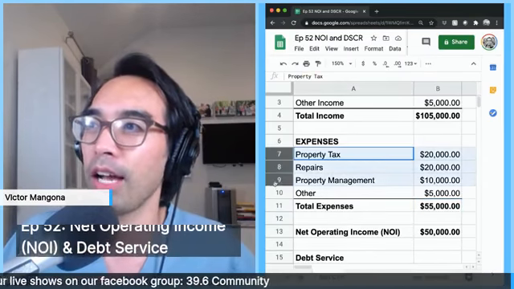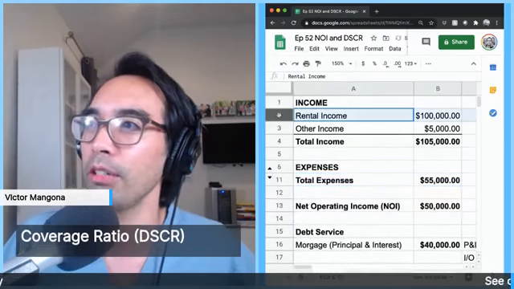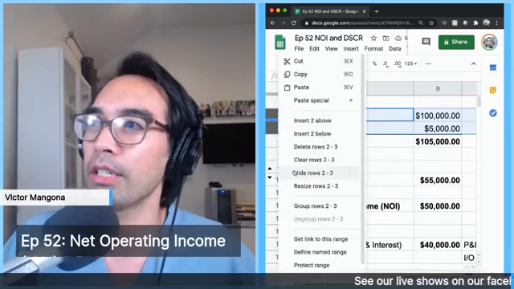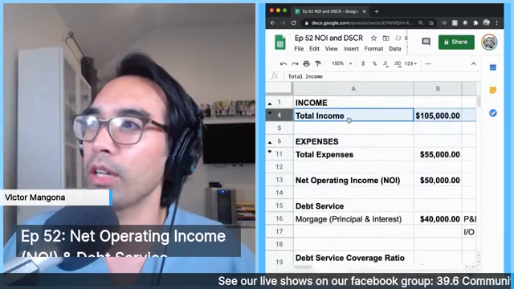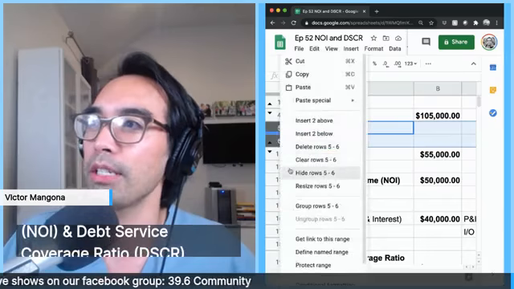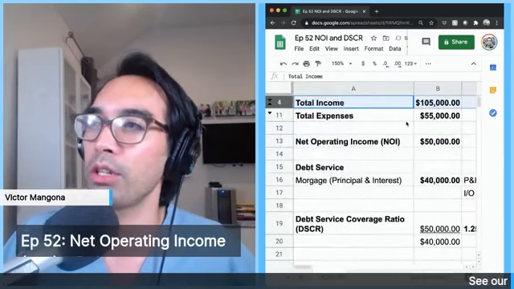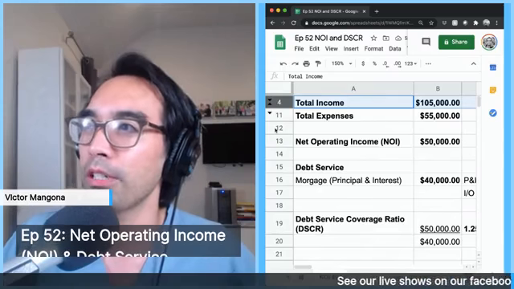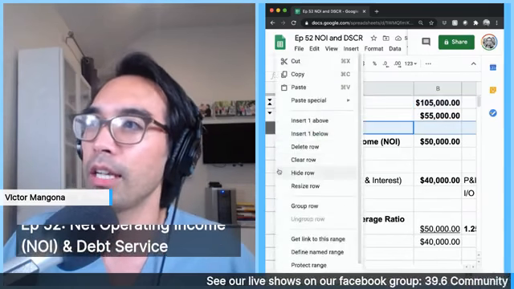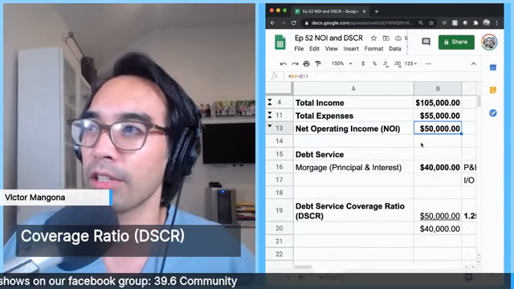I'm going to hide these rows to make it easier to see more things on the screen. Once you have those two numbers, all you need to do is subtract the two from each other, and you will get your net operating income of $50,000.